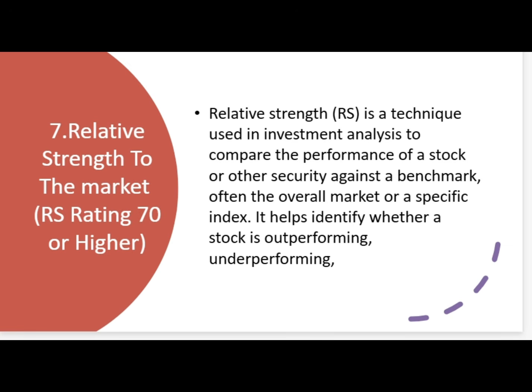When a stock has a high RS score, it means it's outperforming other stocks across the market, demonstrating strength, demand, and momentum. This isn't just technical, it reflects the psychology of institutions piling into strong names while avoiding laggards.